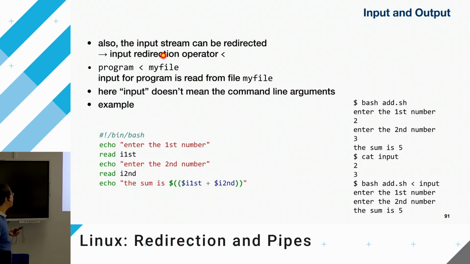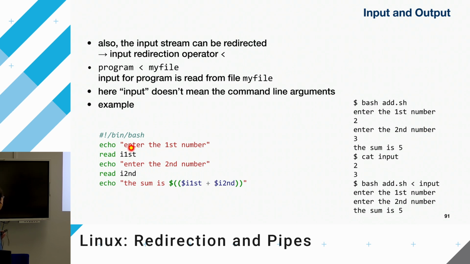And also you can use the input redirection operator, which is the less than operator, to read the input from a file into your application. To demonstrate this, here is a small bash script.